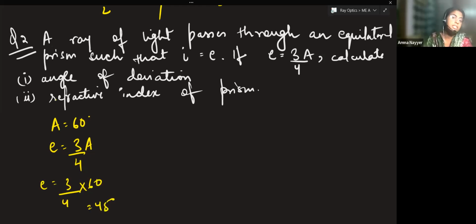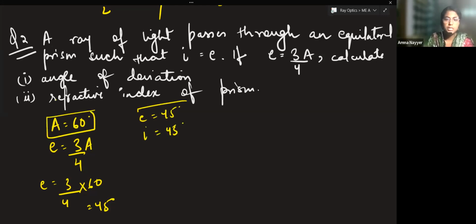And the angle of incidence is equal to the angle of emergence. If the angle of emergence is 45 degrees, then the angle of incidence is also 45 degrees. The angle of the prism is 60. Emergence and I are 45 degrees. So the first part says angle of deviation. We had seen this formula, because this is not the angle of minimum deviation. The minimum angle of deviation is not given.